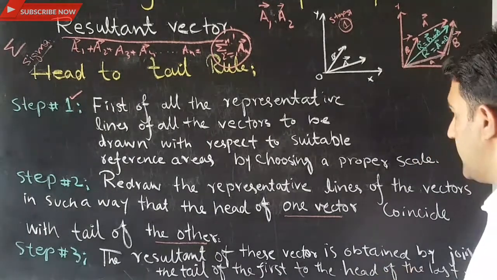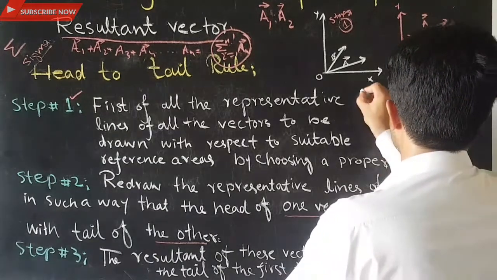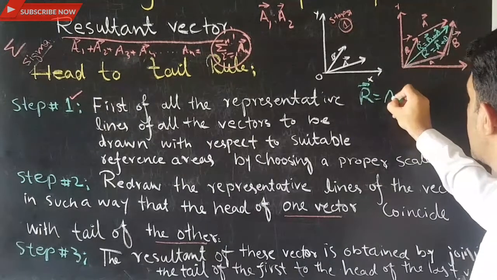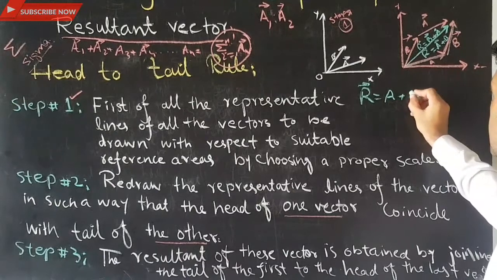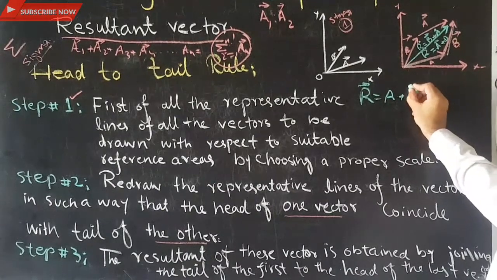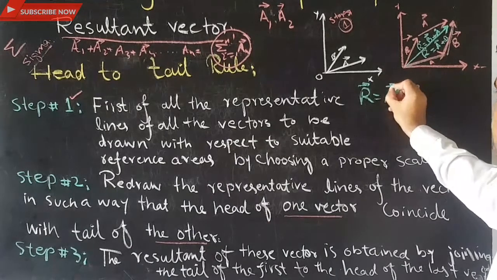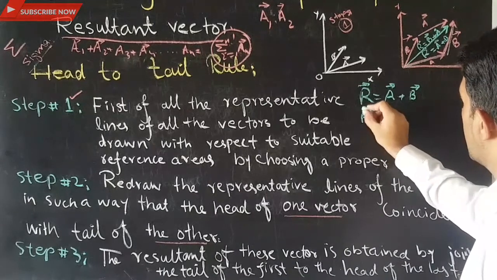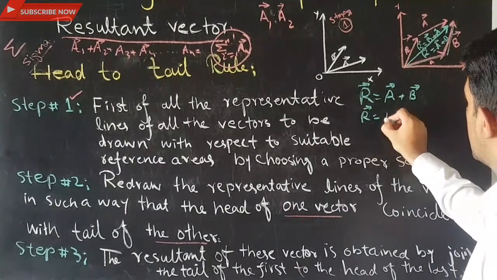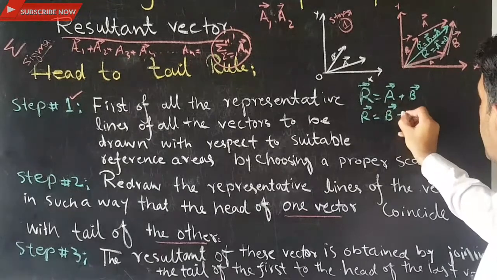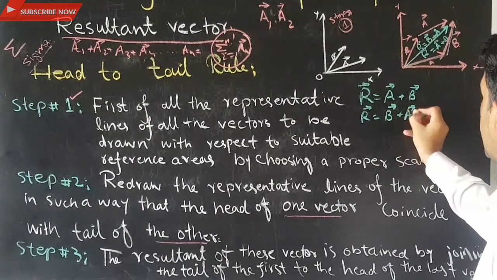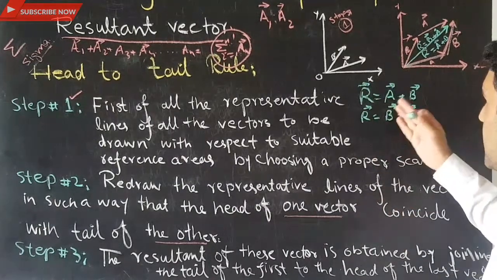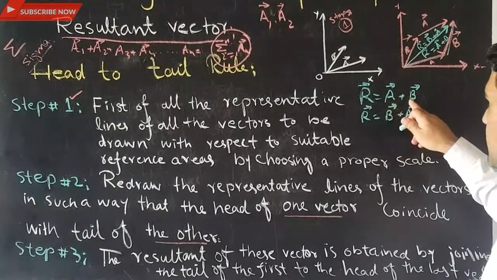Therefore, I can write here that R, meaning resultant vector R, is equal to A plus B. This is the first, and again I can say that R is equal to B plus A. So this is the resultant vector which gives us the same combined effect as produced by vector A and vector B individually.